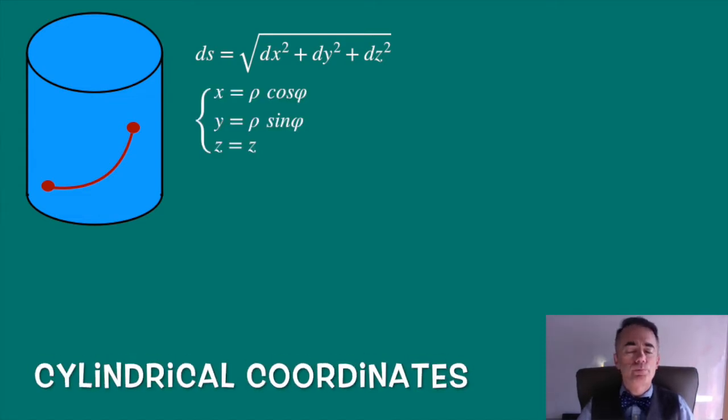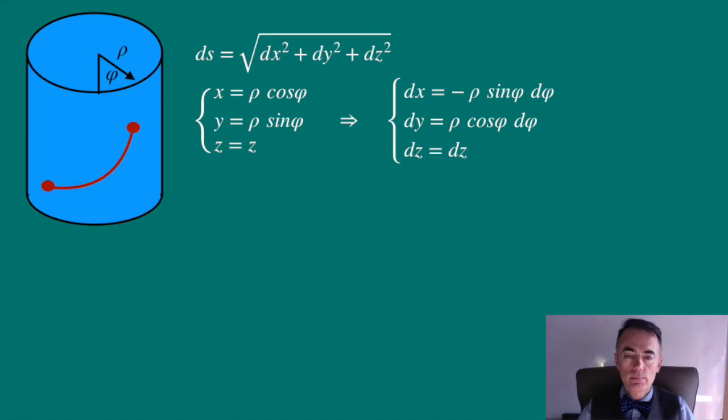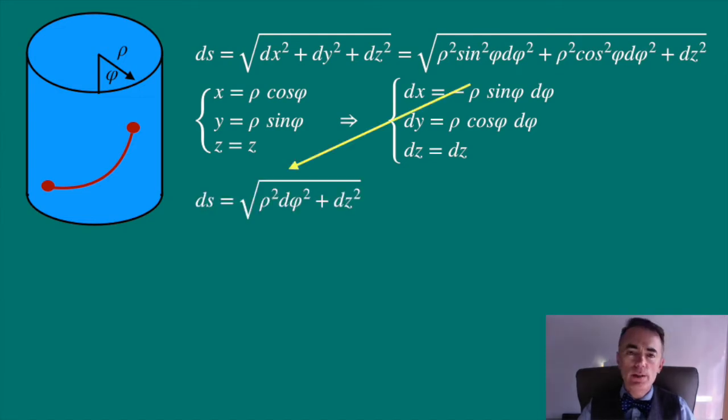So the radial distance rho is constant, so ds is this square root here.